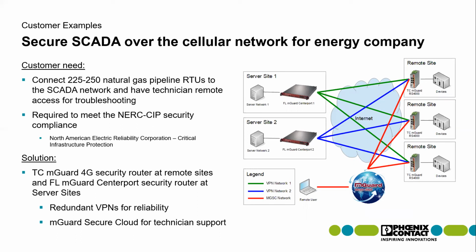We had two of them there, so we had redundant VPNs to all the sites, so that if the communication ever broke or failed on one of them, the other one was still up and running, and they would always have communication. And then we also had our mGuard Secure Cloud, so the technicians were able to log in and remotely access their sites. This greatly improved the security of the network, and it provided remote connectivity and on-demand access for technicians.